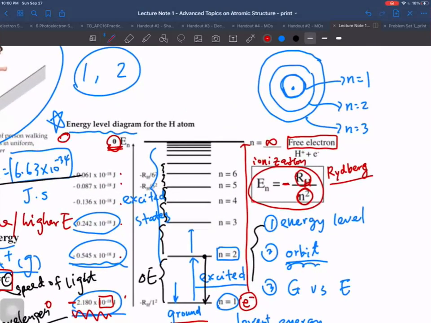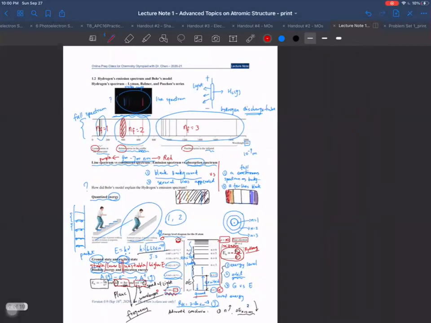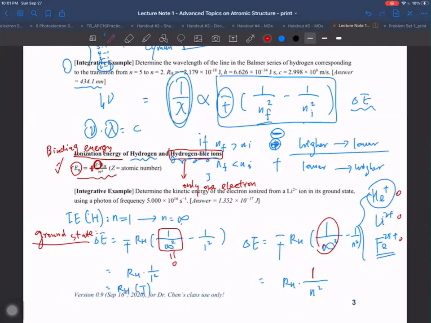From n equals any value to here, this process removes the electron completely, and this process is called ionization. So this is why you have the infinite squared here, and I think it's supposed to be final, right? Okay, so the difference between hydrogen and hydrogen-like ions is the Z squared. For hydrogen, Z equals 1, so Z squared is 1. But if it is not hydrogen, Z is not 1, right?